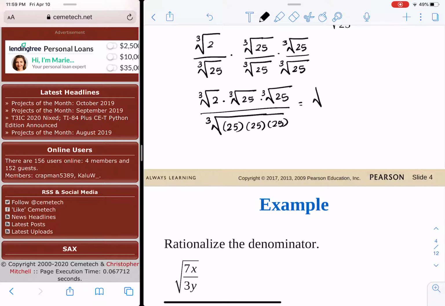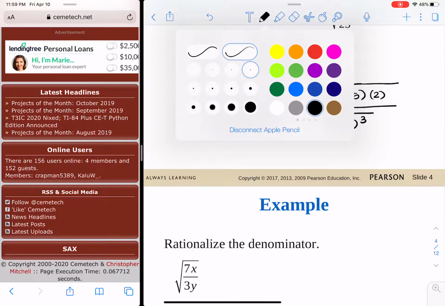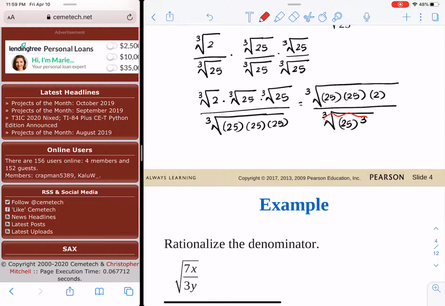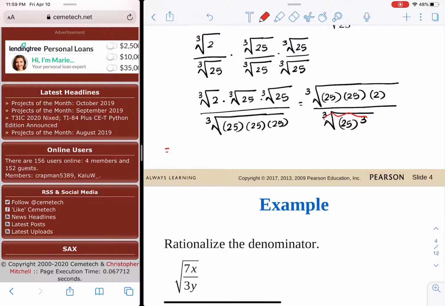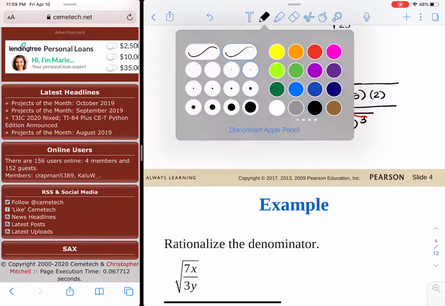We could combine the numerator also, and we could write it as 25 times 25 times 2, divided by the cube root of 25 cubed. So those two would go away. And we successfully got rid of the radical in the denominator.